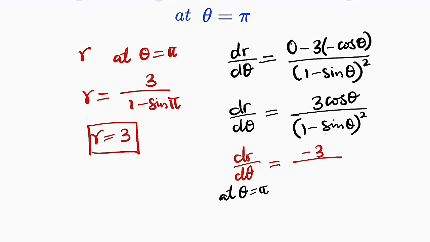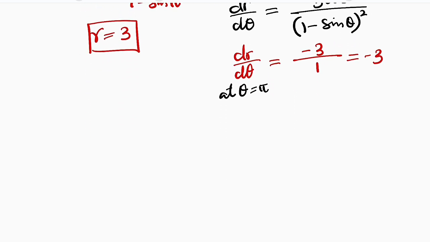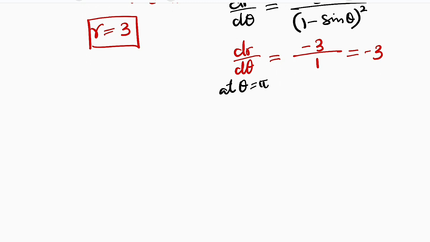To the bottom, we have sine of pi, which is 0, right? 1 minus 0 is 1. 1 squared is still 1. So everything here will be negative 3. So you can see that dr over d theta at a point where theta equals pi will be negative 3.